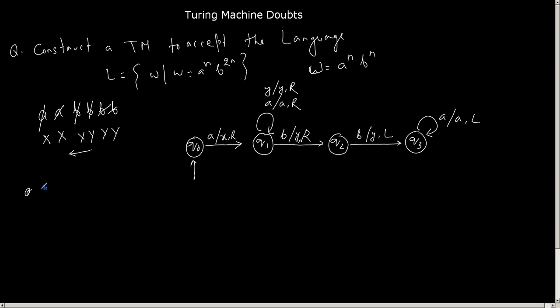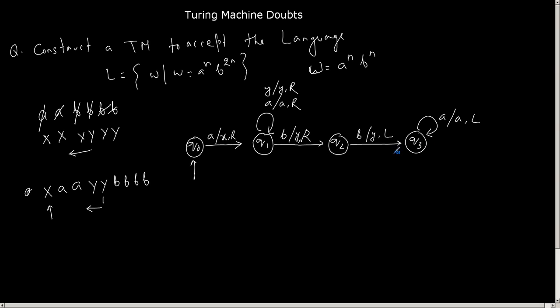For the given A I have marked X, and for another A I have marked two Y's, and I have B B B B. After this Y has been marked, I move the tape head towards the left, skipping A's till I find an X. X denotes the boundary where I have the leftmost A to its right.